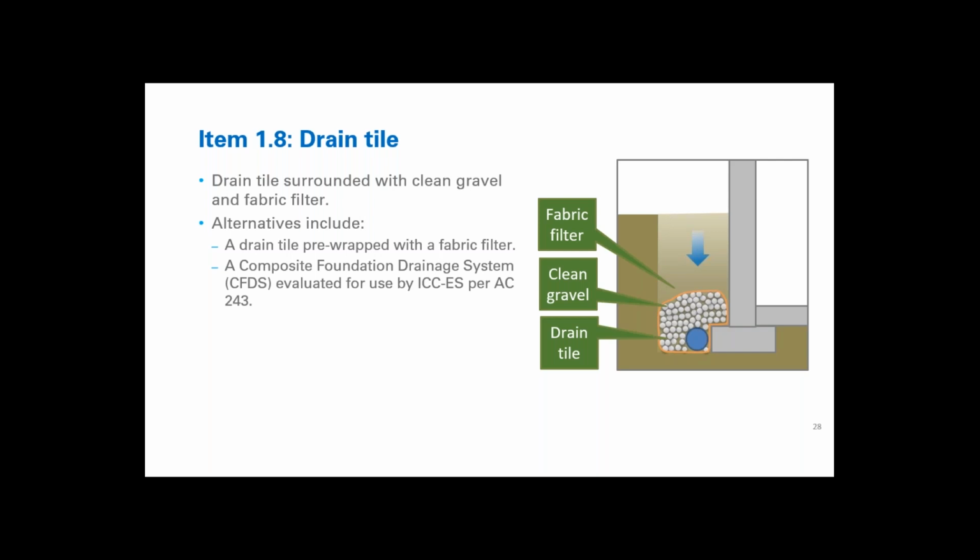The historical way to do this is you put the fabric down, you put some gravel in, you put the drain tile in, you put the rest of the gravel in, and then you wrap the fabric around. What I'm talking about here as the alternative is a drain tile, the round pipe itself, that comes pre-wrapped in a fabric. So it just takes one step away from that installation process.